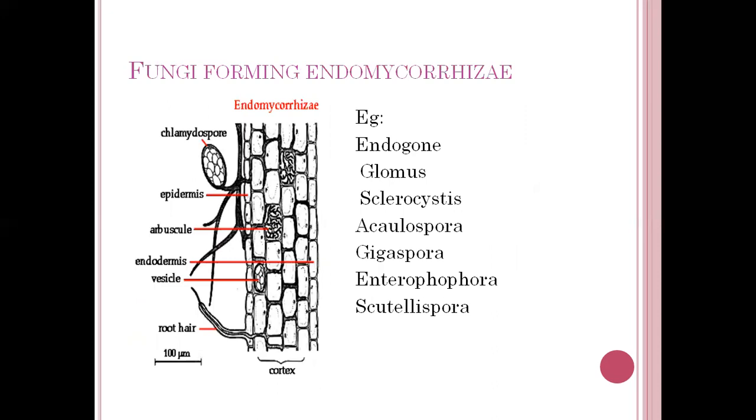This is an example of endomycorrhiza where you can see the chlamydospore of a fungal species, which gains entry through the root hair, and from inside this they form these arbuscules inside the root hair cells. Examples of the fungi forming the endomycorrhiza include Endogone, Glomus, Sclerocystis, Acaulospora, Gigaspora, and a few more.